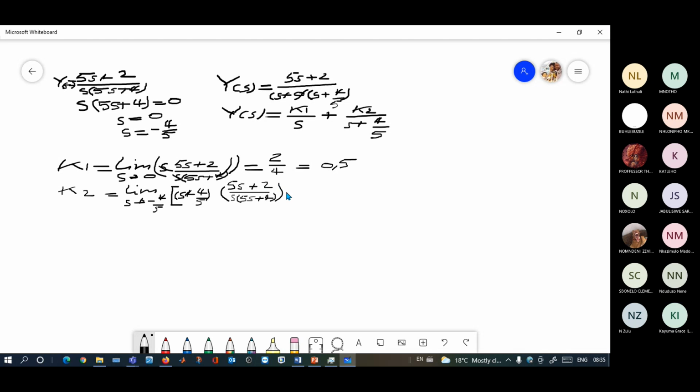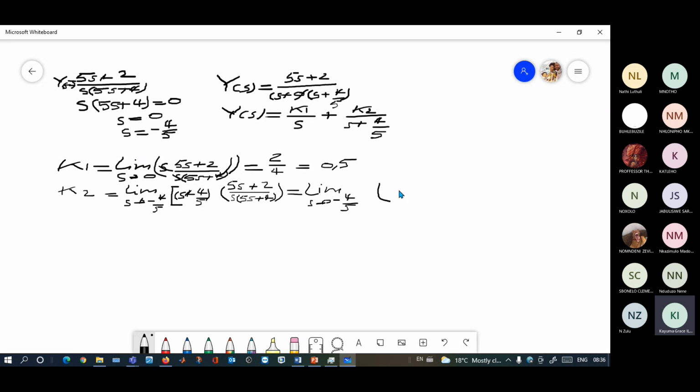So it's going to be equal to, now solving this one, we can find the LCD. The limit of s approaching minus 4/5.